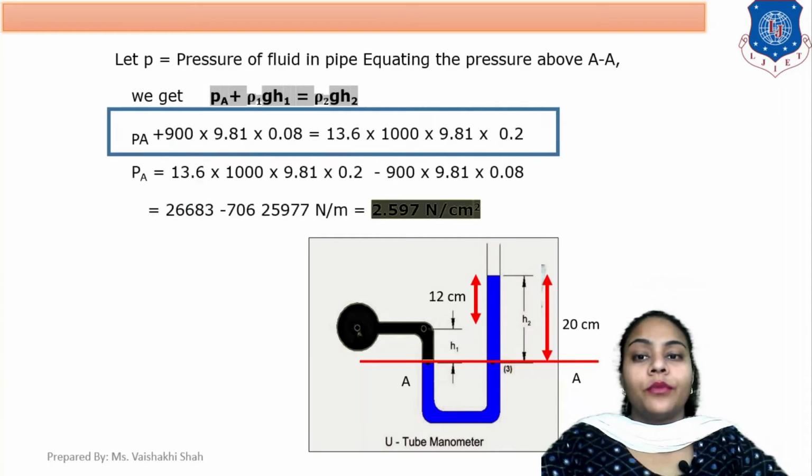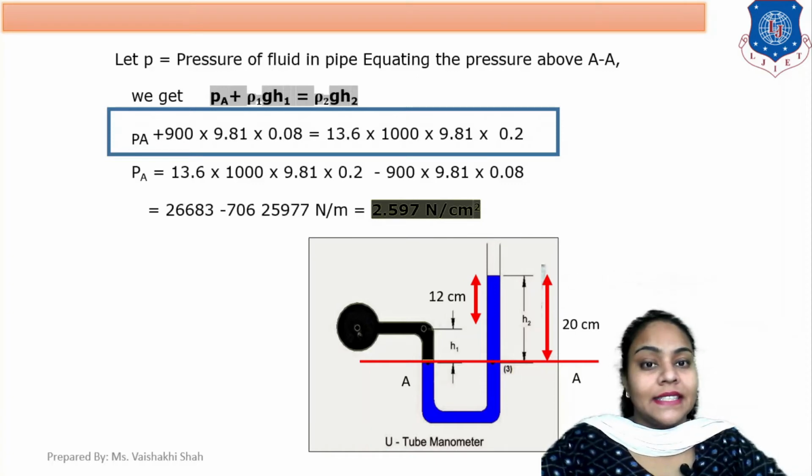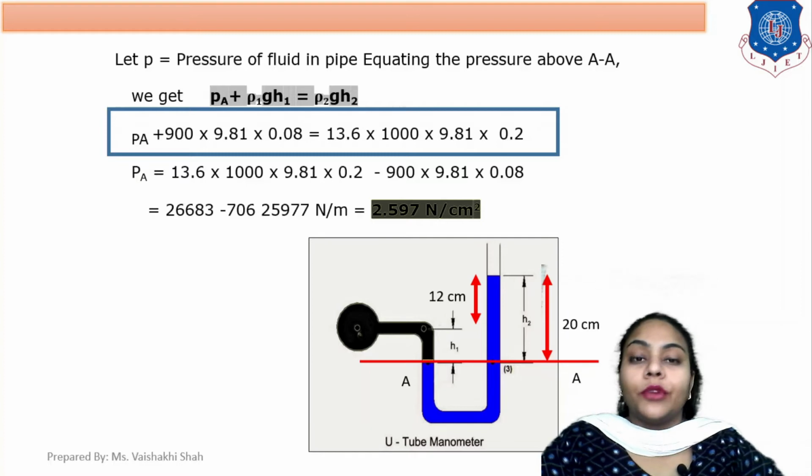As we know the values here, PA is the unknown, we have to find PA. So PA equals rho 1, that is 900, times G, 9.81, times H1, 0.08 as per the diagram, equals rho 2, that is 13,600, which is 13.6 into 1000, times G 9.81, times 0.2, that is your H2.